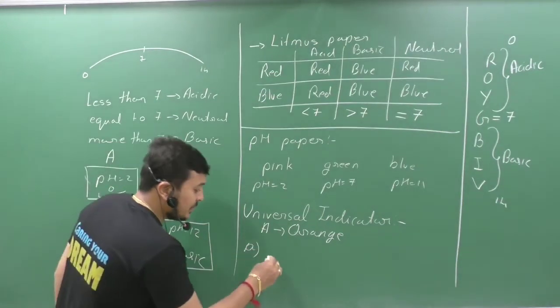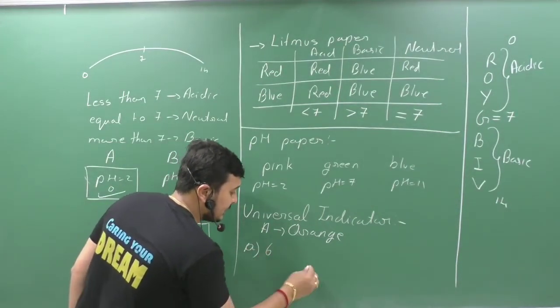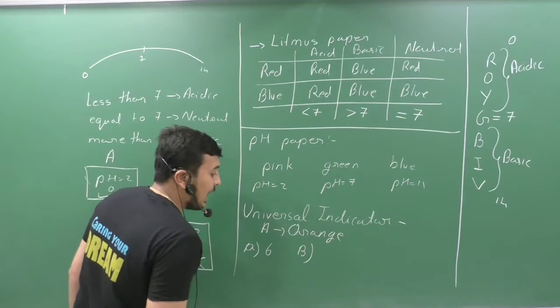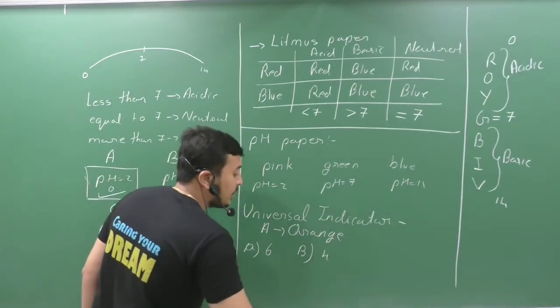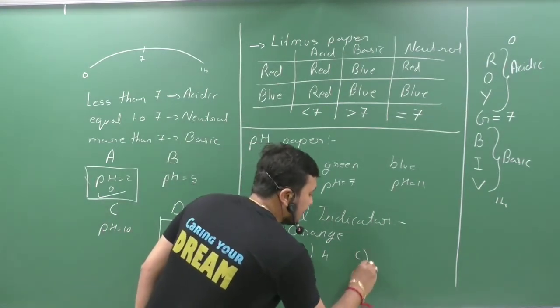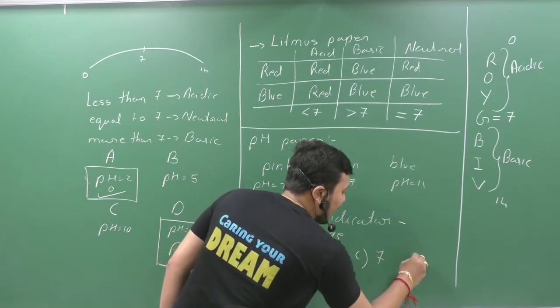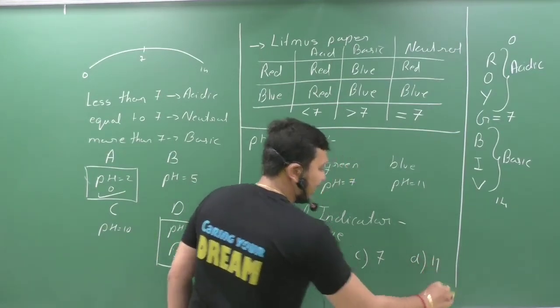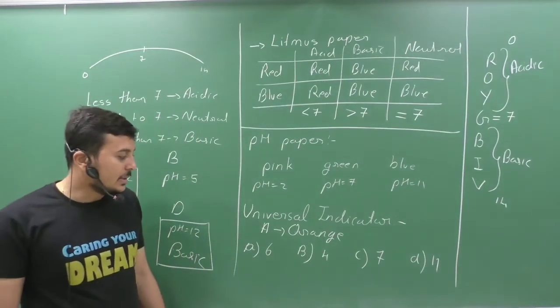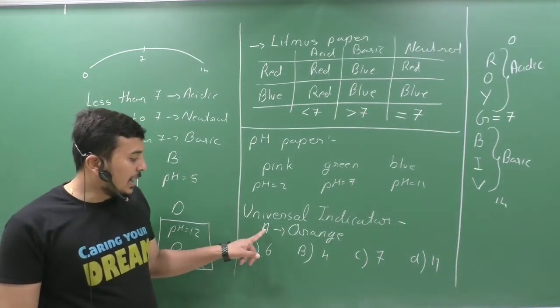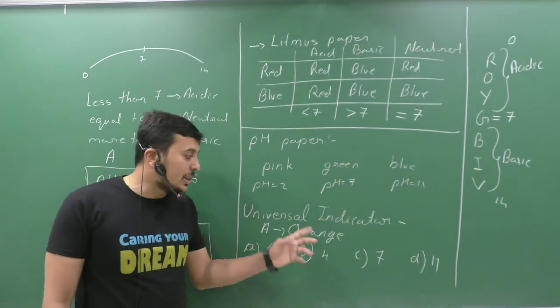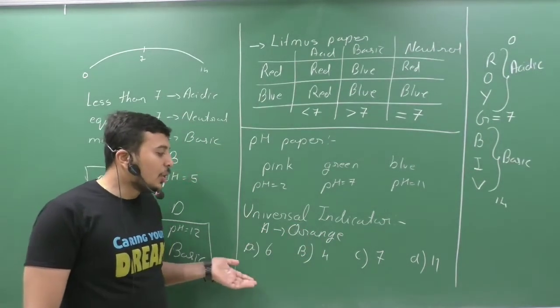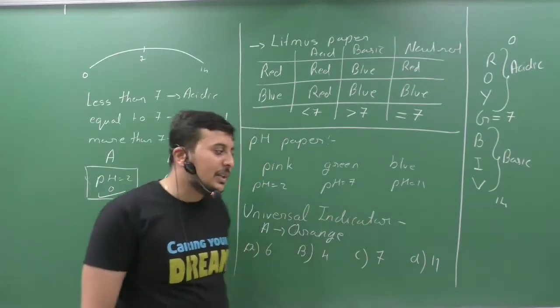Option A, either it is 6, option B, 4, option C, 7, or option D, 11. Clear? So if the solution changes to orange color by adding the universal indicator, then what can be the pH of the solution?